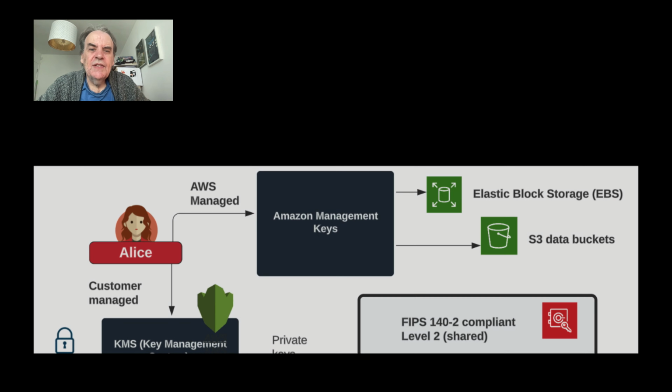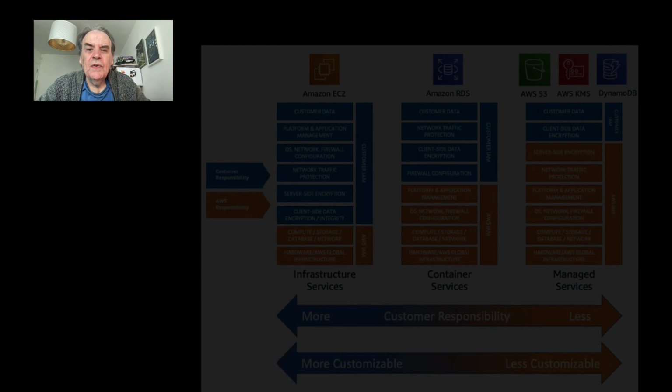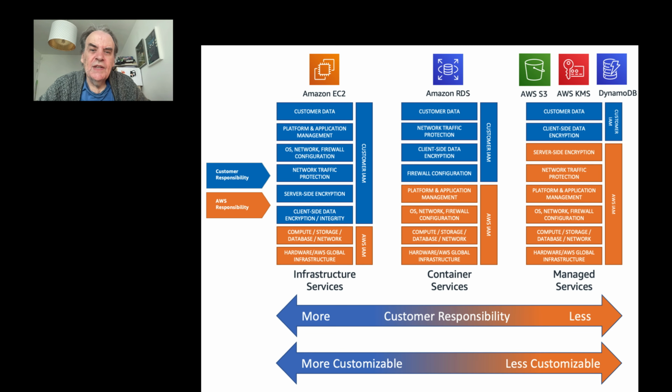For AWS managed keys, a unique key is used for every object within S3 buckets. Amazon S3 uses server-side encryption to store encrypted data. The customer can use client-side encryption to encrypt data before it is stored in the AWS infrastructure.